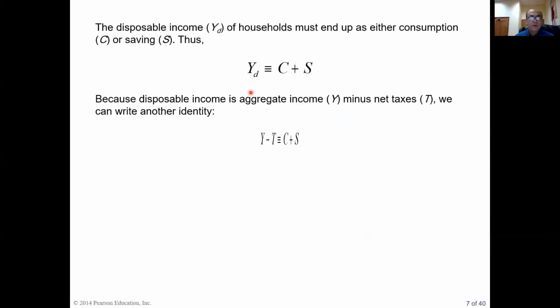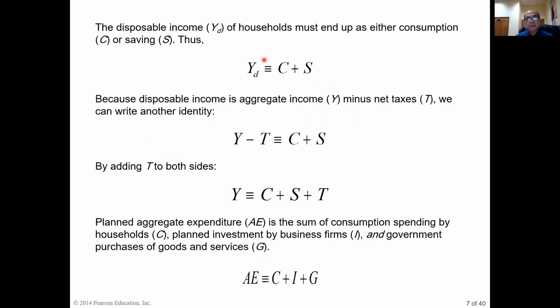Here we have YD, disposable income, equal to C plus S. But right now we have a new variable called tax, since the government is added to our economy.